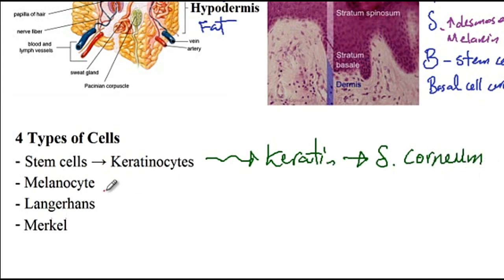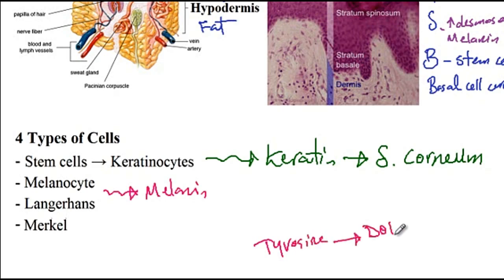And then melanocytes, which are derived from the neural crest cells, are producing melanin. And the mechanism through which melanin is being produced is that tyrosine, via the tyrosinase enzyme, is converted into DOPA, and then DOPA is converted into melanin.